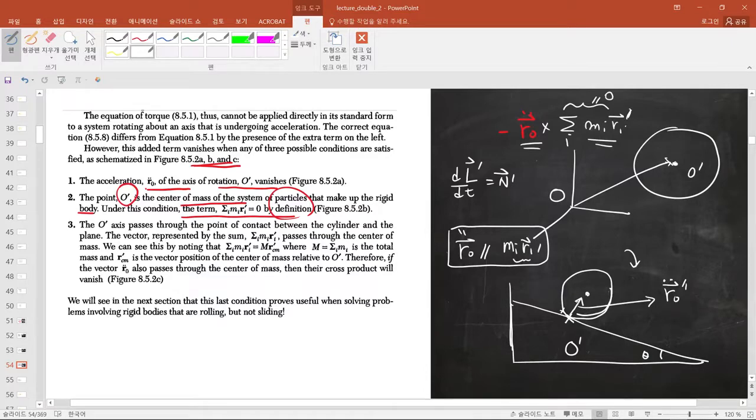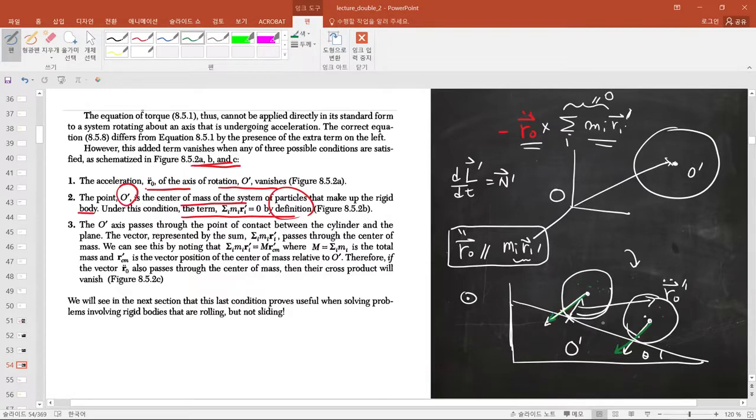So this was laminar motion, because the rotation axis is always coming out of the board. Maybe I can just draw this direction, the axis of rotation, and all the particles move perpendicular to it.